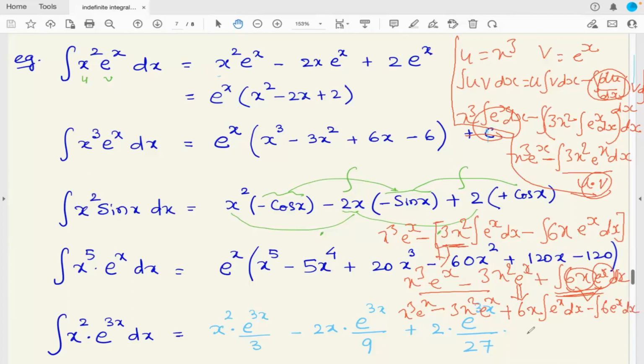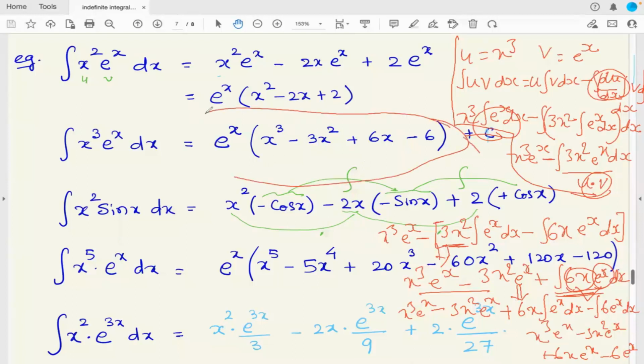And when we solve this, what do we get? We get x cube e to the power x minus 3x square e to the power x plus 6x e to the power x minus 6 e to the power x. And when we take common, we get this result, plus constant. I hope you'll understand that.